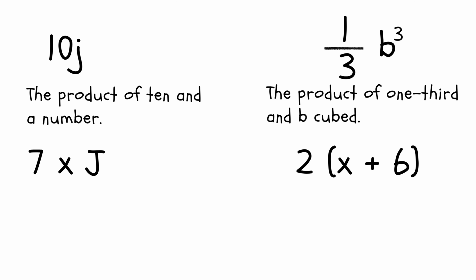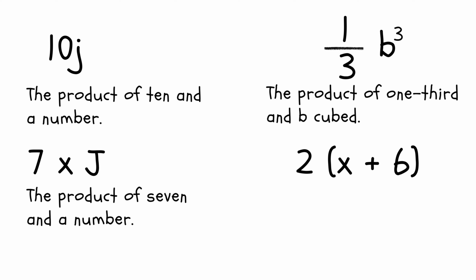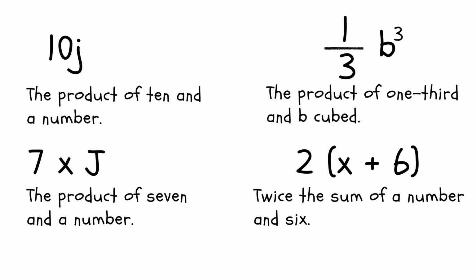For 7 times j, we can express it as the product of 7 and a number. Finally, for 2 times x plus 6, we can write it as twice the sum of a number and 6. These are all examples of using phrases like the product of and twice when writing multiplication expressions.